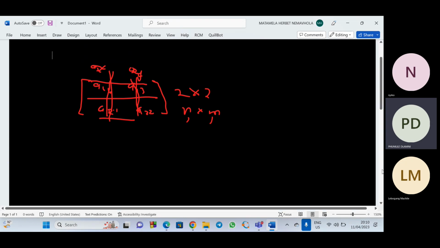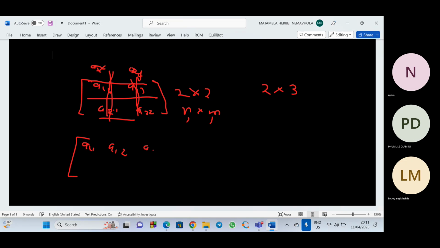We also have a matrix that can be 2 by 3. A matrix of 2 by 3 is a matrix that has 2 rows and 3 columns. So a matrix of 2 by 3 is going to be in terms of A11, A12, A13, and A21, A22, and A23.